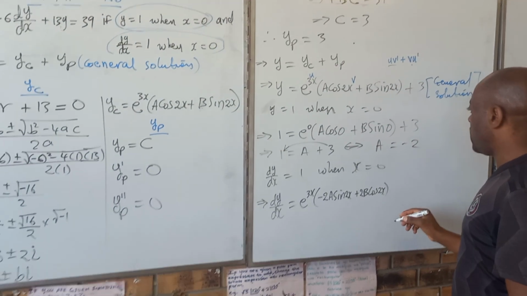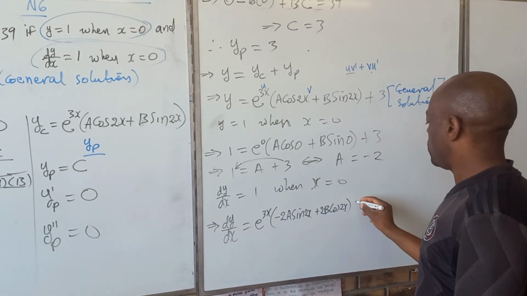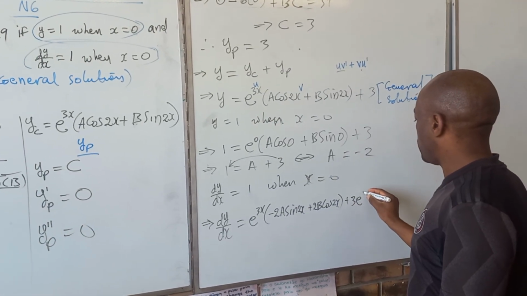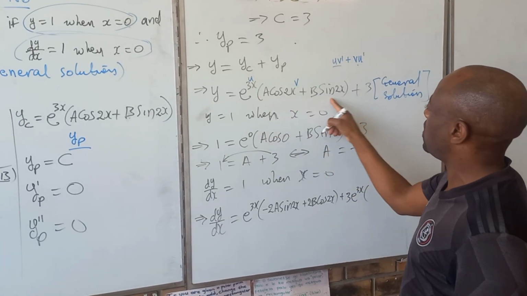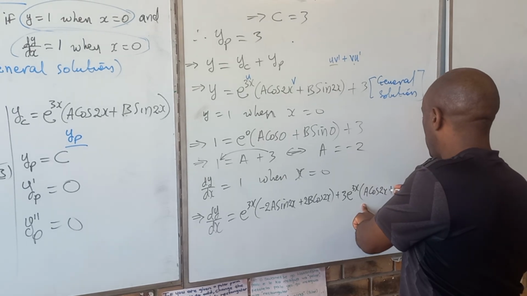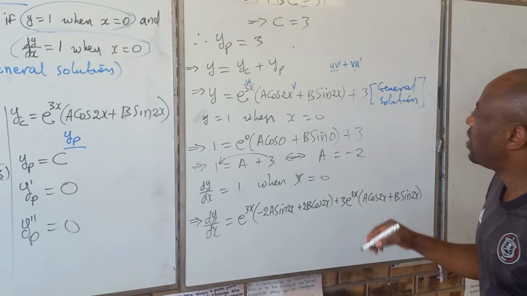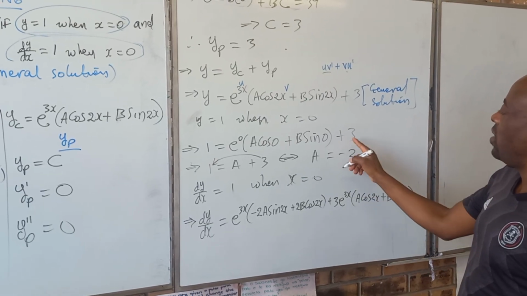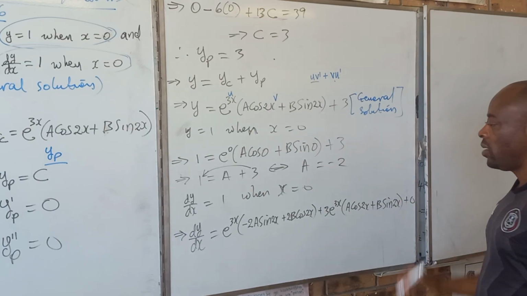Then we switch over to v u prime. That means I will differentiate e to get 3e to the power 3x. Then my v is captured exactly the same, a cos 2x plus b sine 2x. Then now if I differentiate yp, it gives me a 0.